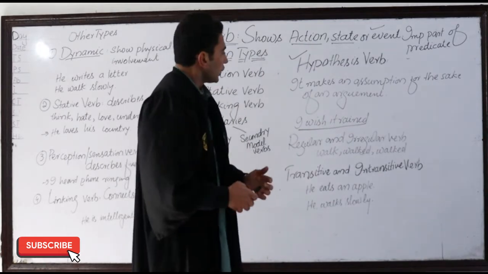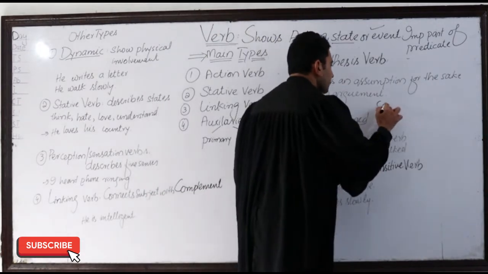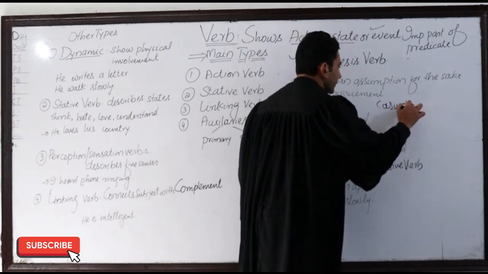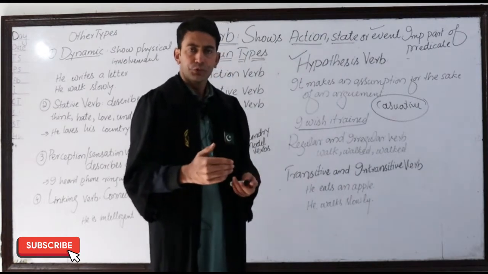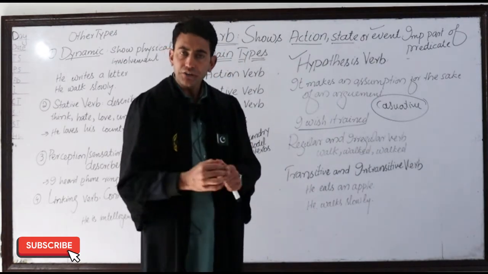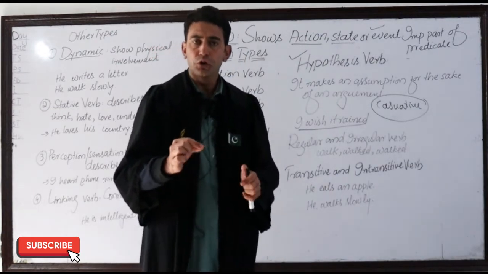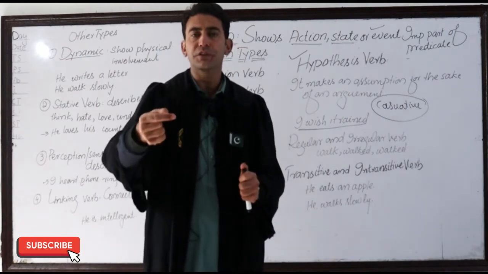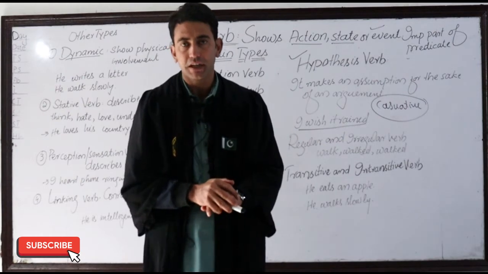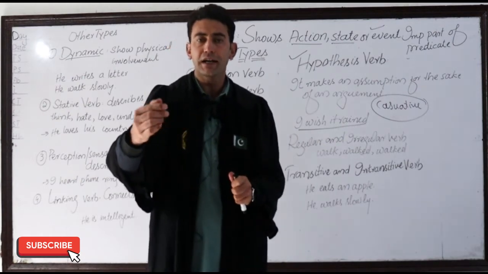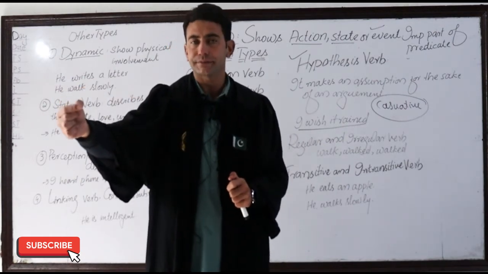Understand? We also have another type of verb, that is causative verb. Where do we use the causative verb? Causative verb is used when someone performs something for us. Understand? In such cases we use the causative verb. Like for example, I have my hair cut.